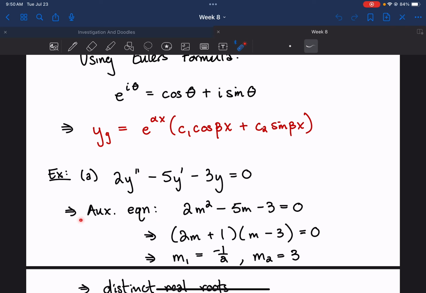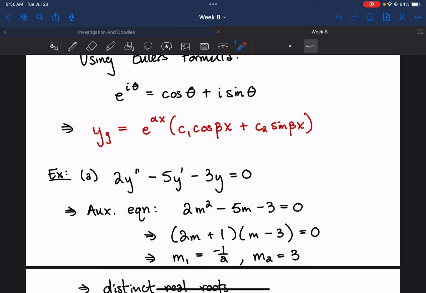Pass to the auxiliary equation: 2m squared minus 5m minus 3 equals 0, right? You just replace however many derivatives there are with a power of m. So 2 derivatives, m squared; 1 derivative, m to the first; no derivatives, m to the 0.